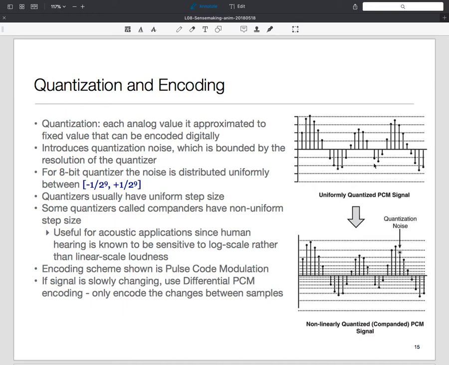Seismologists, the people who try to look for very weak signals, may use more bits. Another thing is some more advanced concepts which show that if you sample faster, even faster than what the 2 times f max would say, then you can get away with fewer bits. So there is a trade-off between sampling rate and bits.